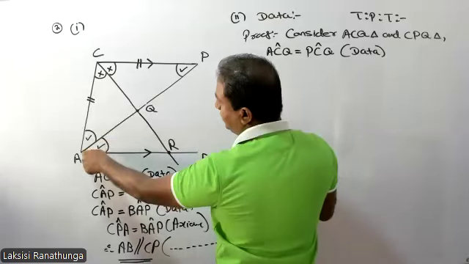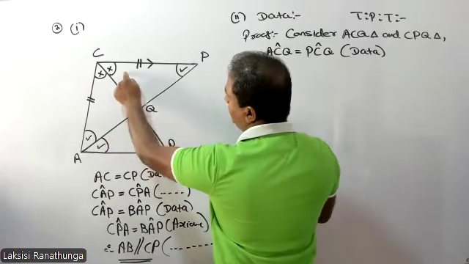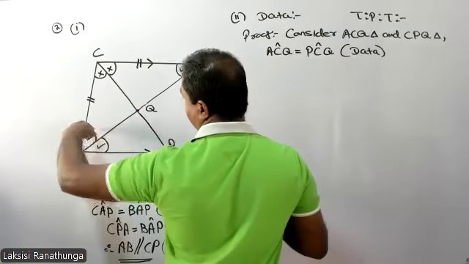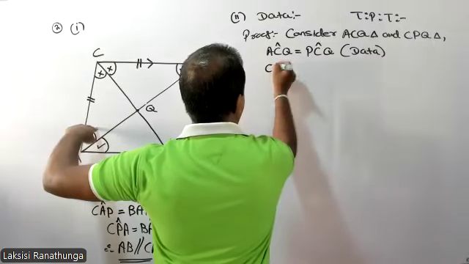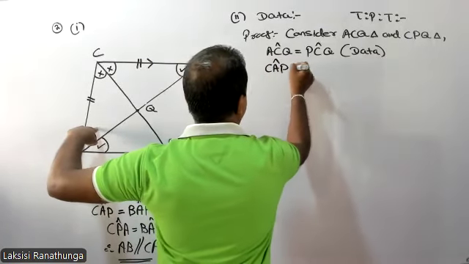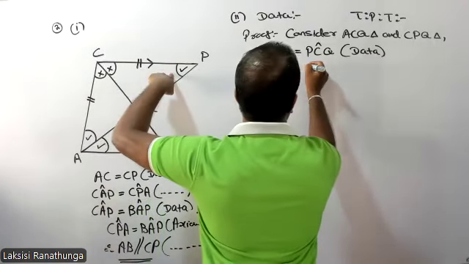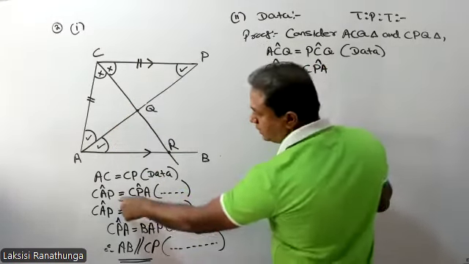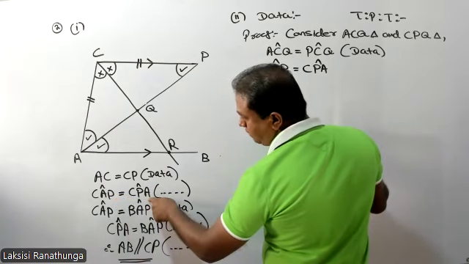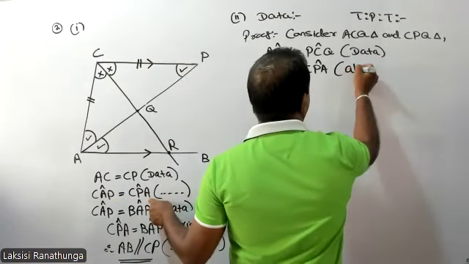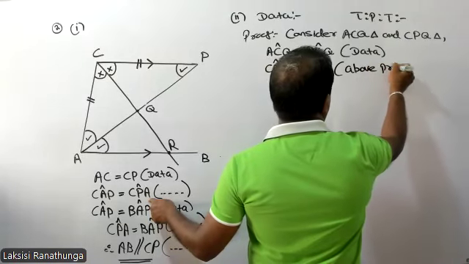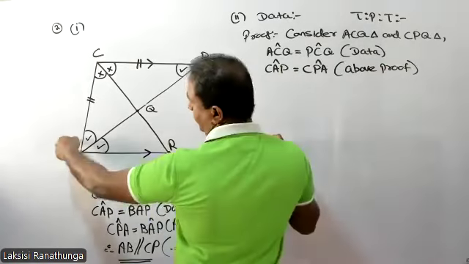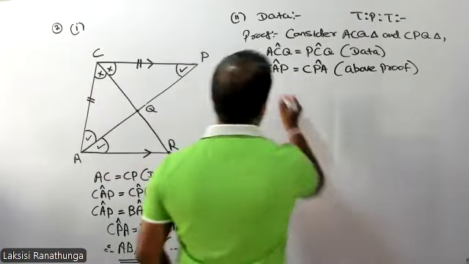That's why the two angles are equal. Then angle CAP equals angle CPA. Reason: above proof, we proved it in part 1. Then AC equals CP.